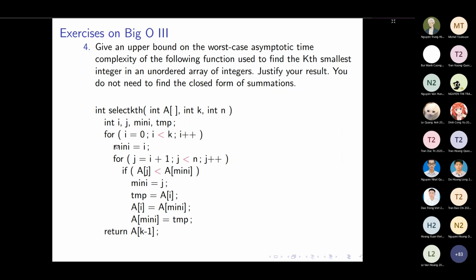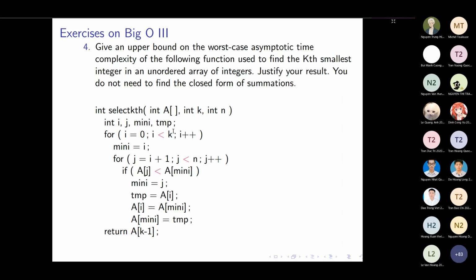When i equals k minus 1, you get n minus k executions, and you can take the sum of that, and it will be like Nhật Minh's answer.